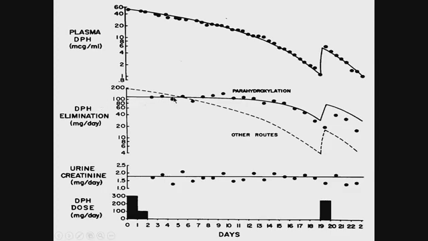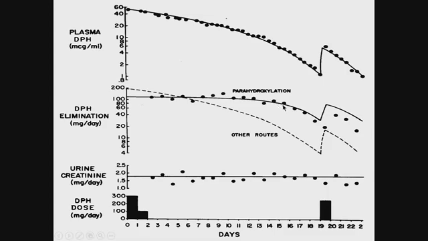And you see here, day after day after day, that the amount of this metabolite of phenytoin that was recovered in the urine remained relatively constant. The plasma concentrations are falling, as you see here, over time, but for a period of time, the amount of the metabolite that appears in the urine is constant.